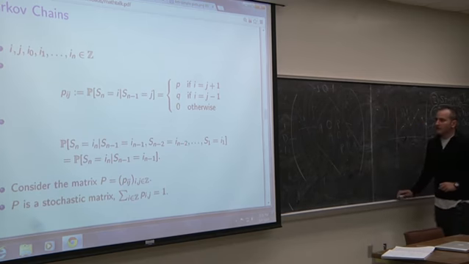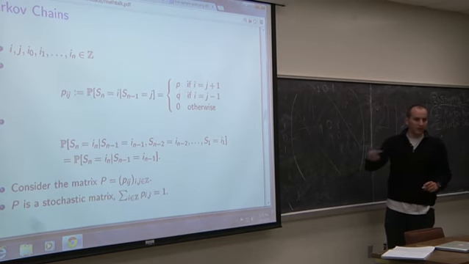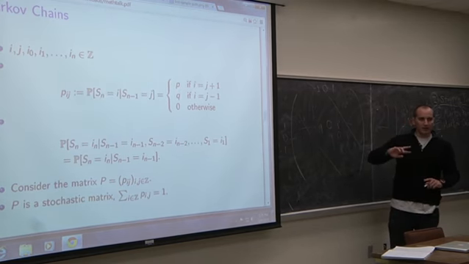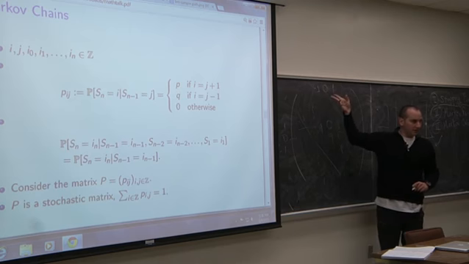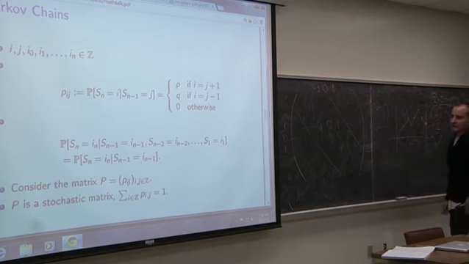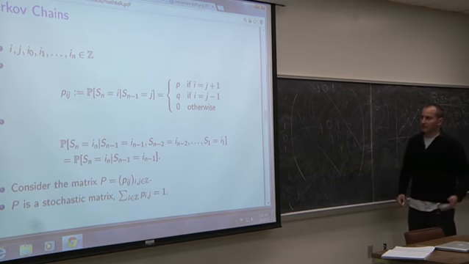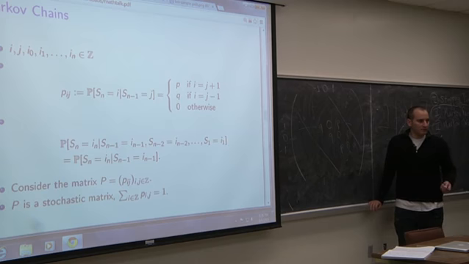So this matrix tells me, if I look at one entry, the probability of jumping from state i to state j. Given that I am on this state, what's the probability of jumping to that state? And we say that this is a stochastic matrix or a Markov matrix because the sum of each line is equal to 1.